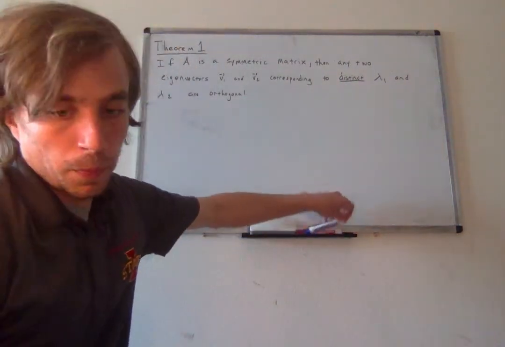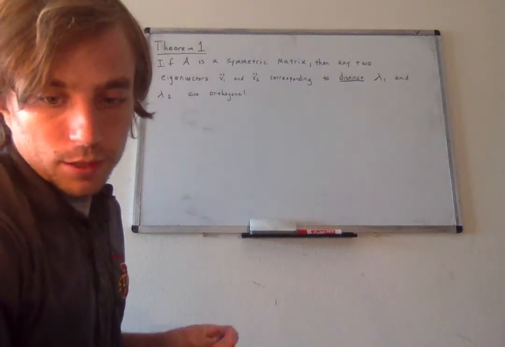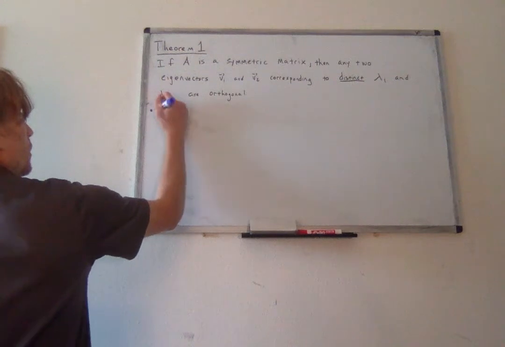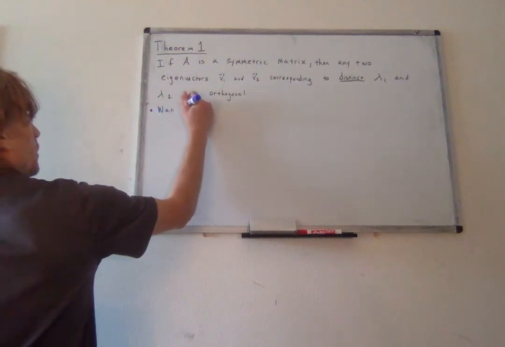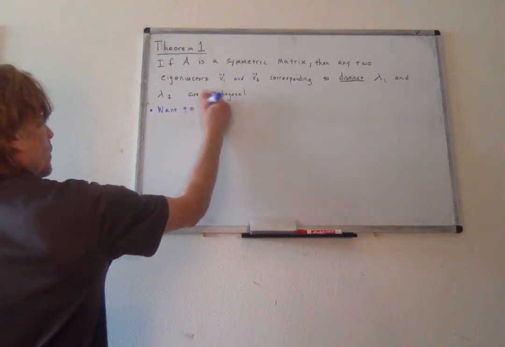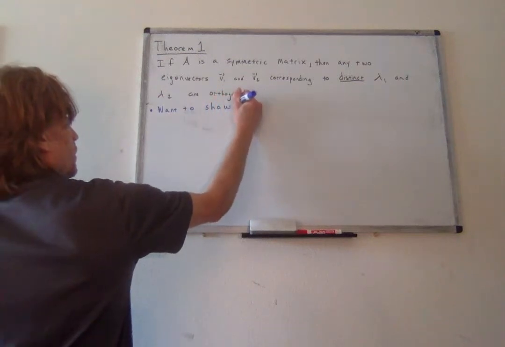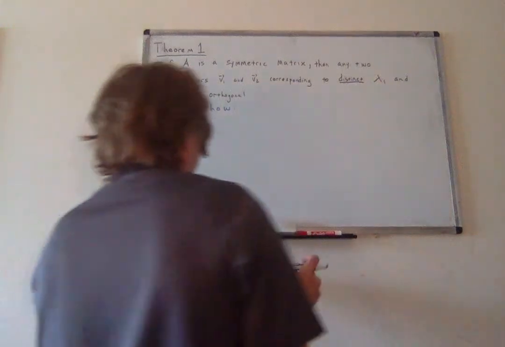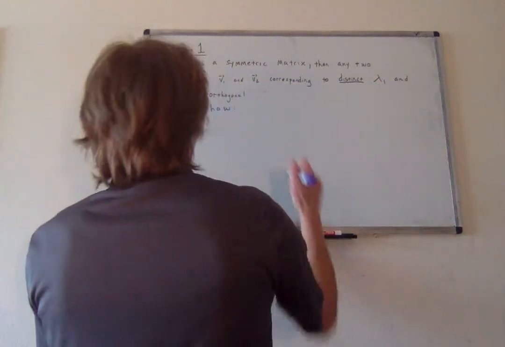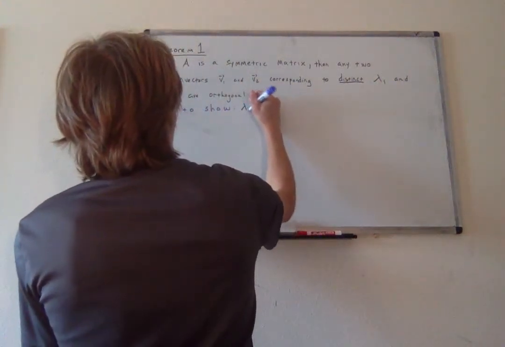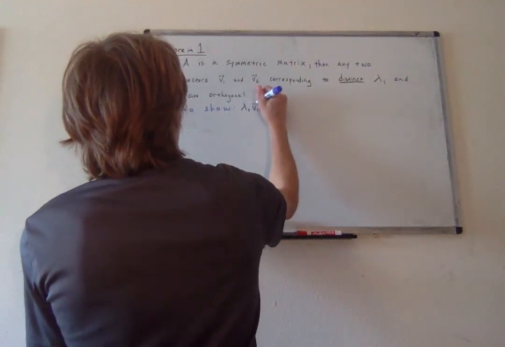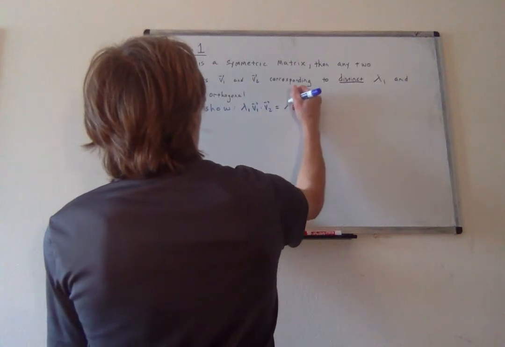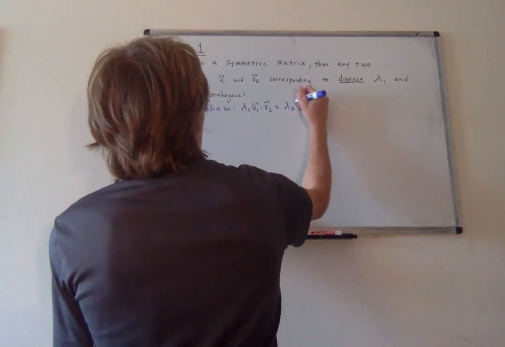So the way we're going to do this is we're going to show that the following property is true. We want to show that lambda 1 times v1 dot v2 is equal to lambda 2 times v1 dot v2.